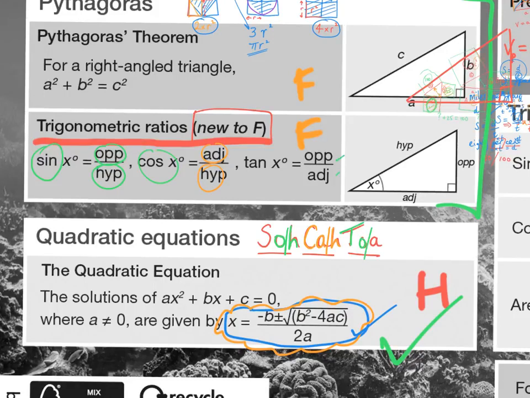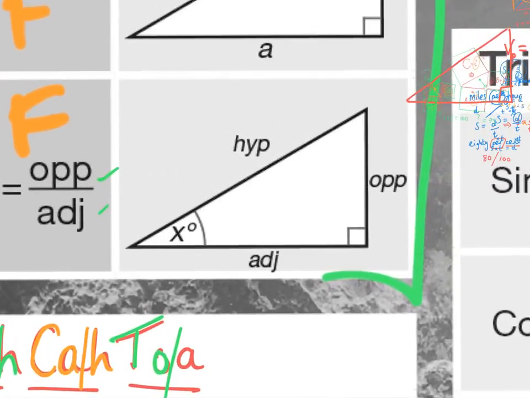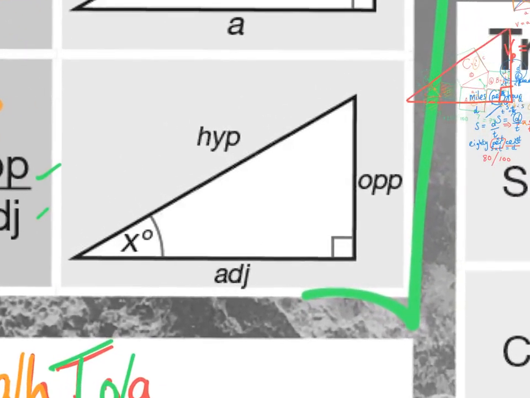Okay, just as shown. But that might not help you too much if you don't know where the hypotenuse, adjacent and opposite is. Well, one way of remembering where they are in a given triangle in an exam is if you've got the actual angle here, it always looks to the opposite. Okay, so if you're using this angle x, you want to look, where's it looking?